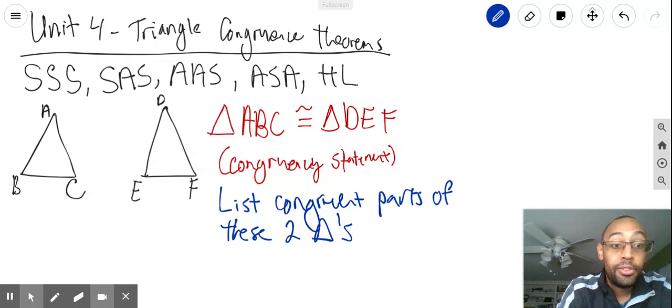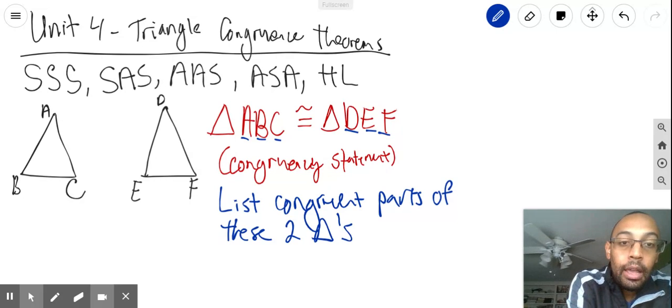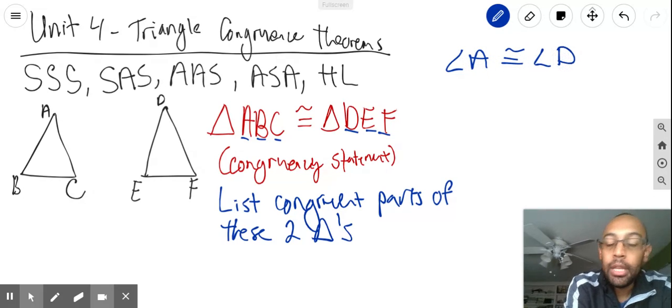Because I gave you the congruency statement as A followed by B followed by C, and then D followed by E followed by F, we can now make the following comparisons. Angle A is congruent to angle D because A came first for the first triangle and D came first for the second triangle.